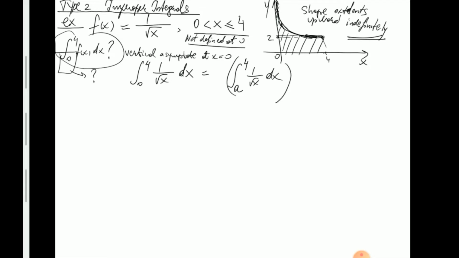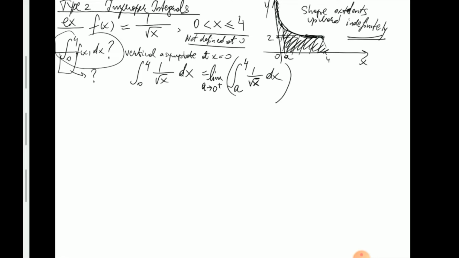And when we're done, we're going to let a, pay attention here, approach 0 from the right-hand side. It's like me taking a to be very close to 0, finding that integral by classical means, but then we let a approach 0 from the right. It has to be from the right because, again, the domain of integration is 0, 4. So it has to approach 0 from the right.